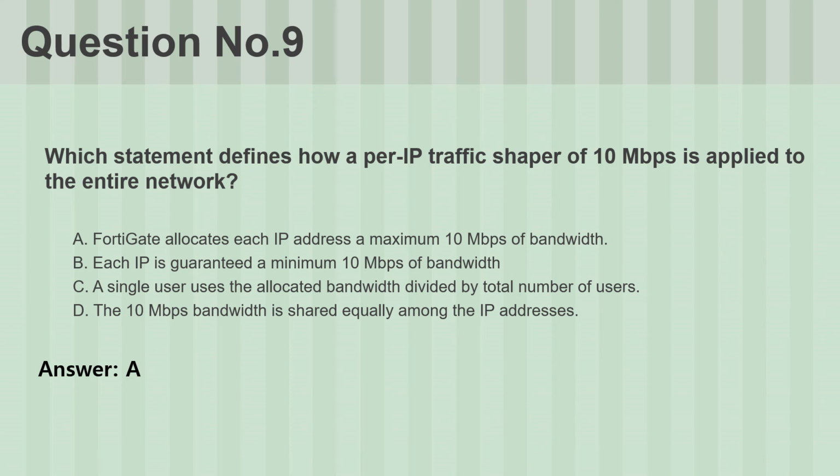B. Each IP is guaranteed a minimum of 10 megabits per second of bandwidth. C. A single user uses the allocated bandwidth divided by the total number of users. D. The 10 megabits per second bandwidth is shared equally among the IP addresses. Answer: A.